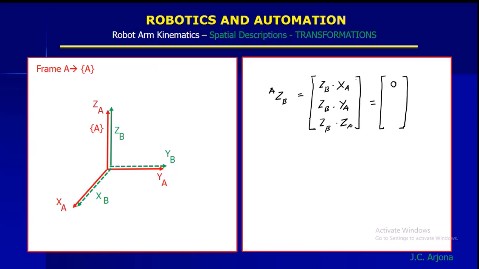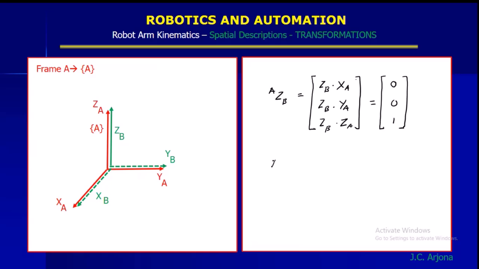And next is ZB dot YA. So here is the ZB and here is the YA, again 90 degrees, so this is 0. And ZB dot ZA: this is ZB, this is ZA, 0 degrees, so the value is 1.